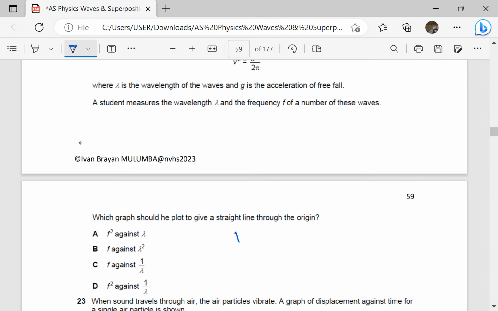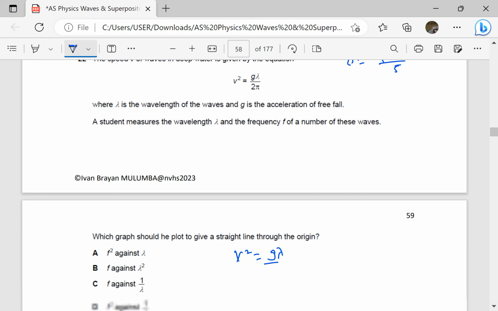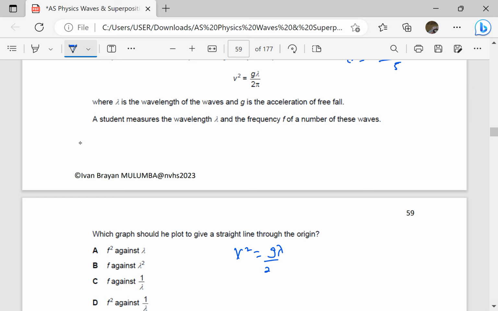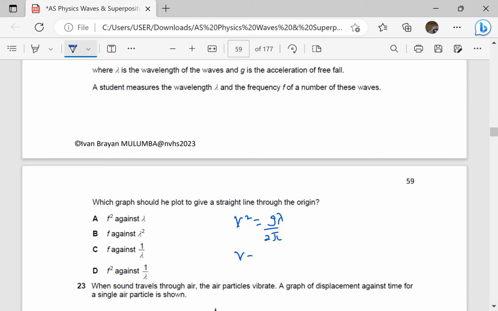So we have that v squared is equal to g times lambda divided by 2 pi. We know that speed v is equal to lambda times f. When I square, lambda squared f squared should be equal to g times lambda over 2 pi. So lambda cancels out.